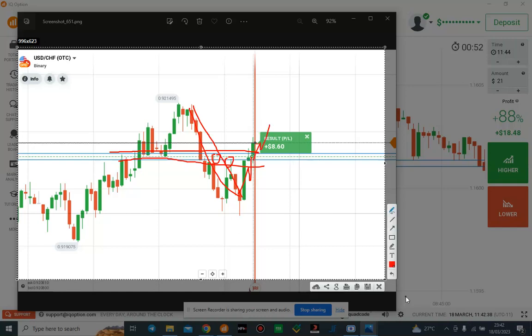Okay, if the market is going to reverse, listen to me carefully. If the market is going to reverse around this area, it shouldn't be a green candle. At least you can expect sellers entry here. If you see a sellers entry, then we can expect the market to go more down.